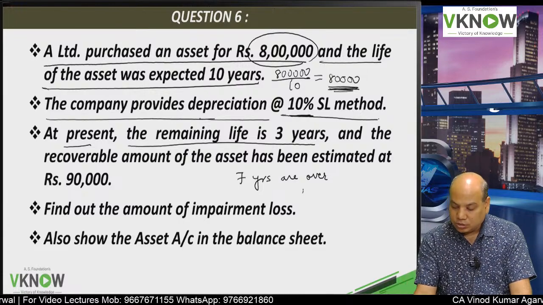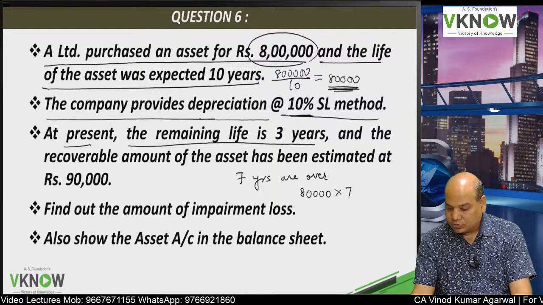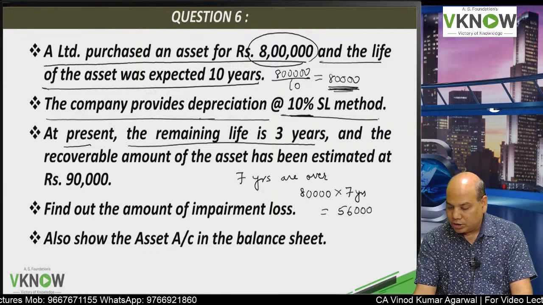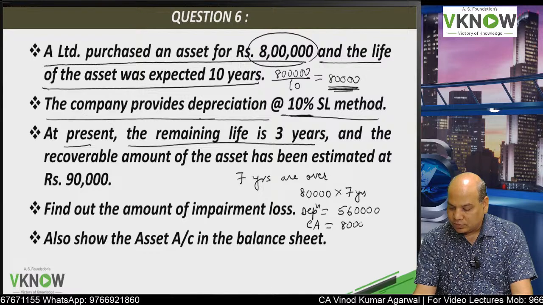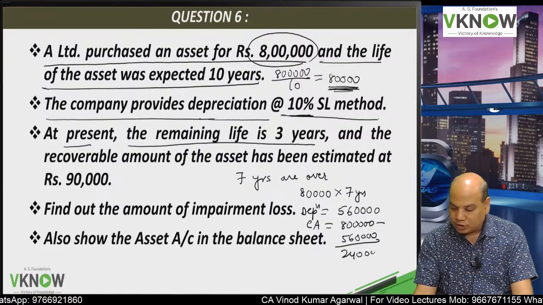If 7 years are over, 80,000 into 7 years, depreciation already charged is 5,60,000 and carrying amount of the asset will be 8 lakh minus 5,60,000, which will be 2,40,000.